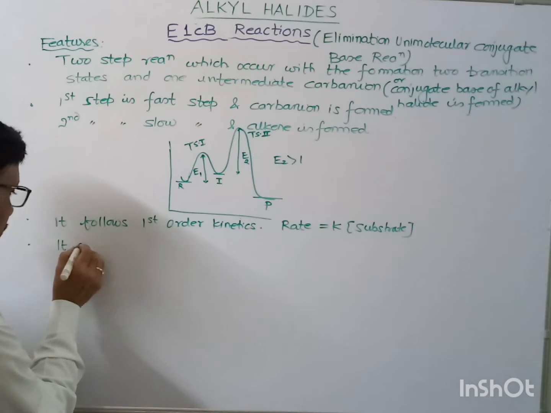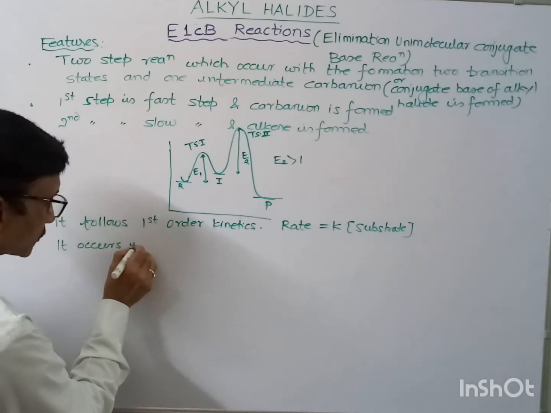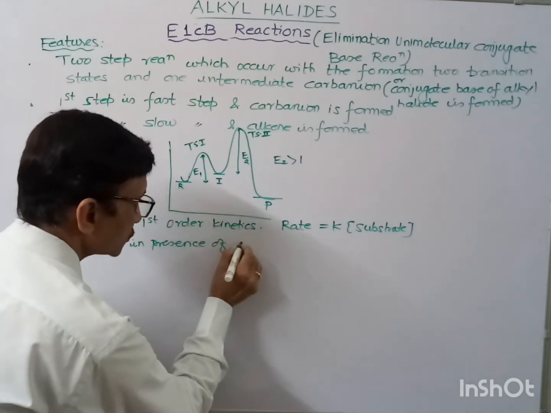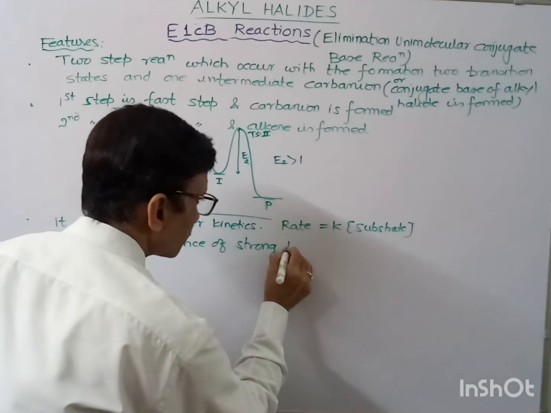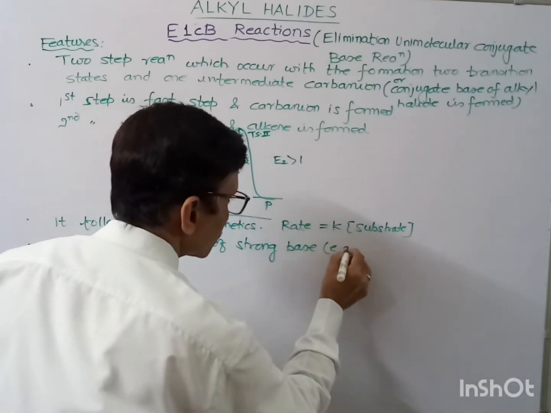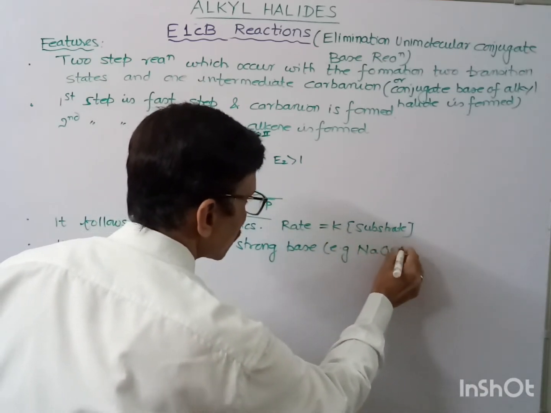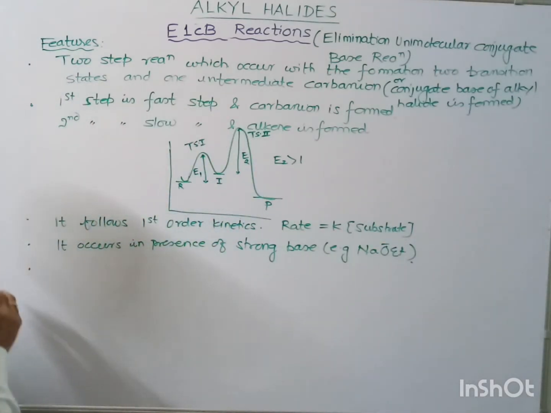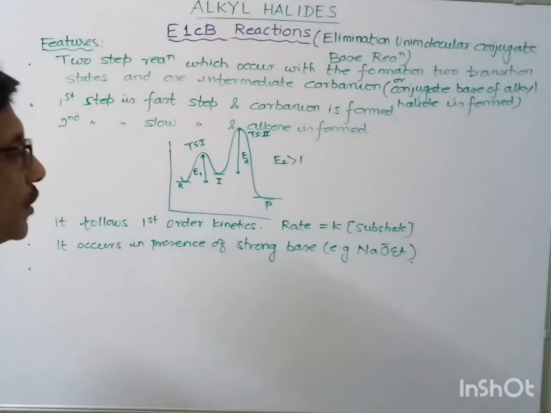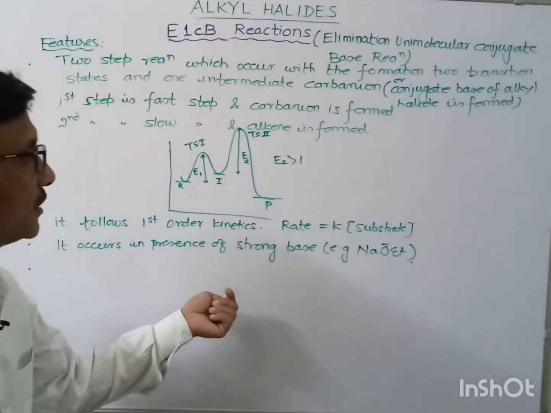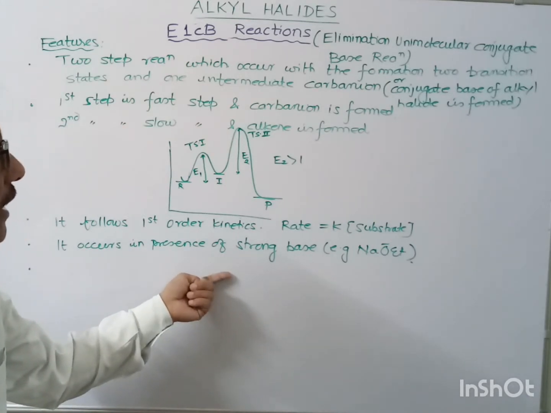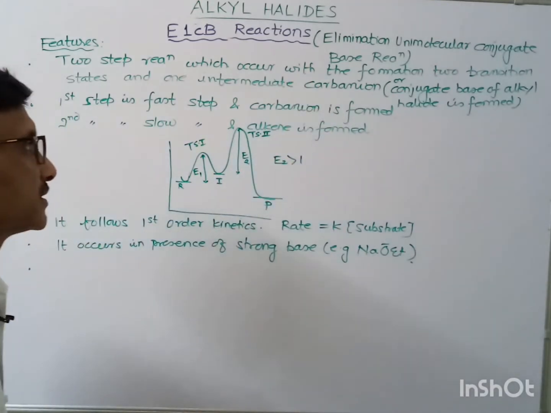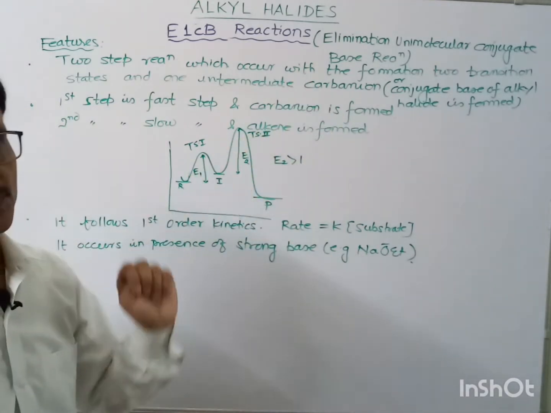So it occurs in the presence of a strong base, like sodium ethoxide. Sodium ethoxide will remove this beta hydrogen atom, it will deprotonate this beta H, and the carbanion is formed. Then in the second step, the alkene is formed from the carbanion.